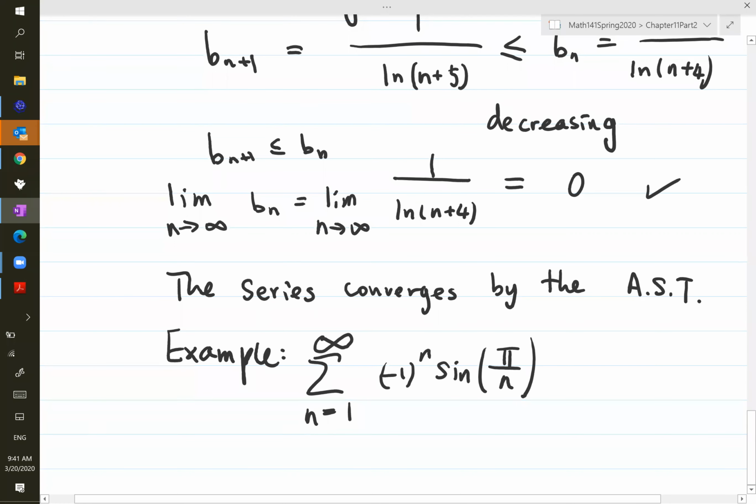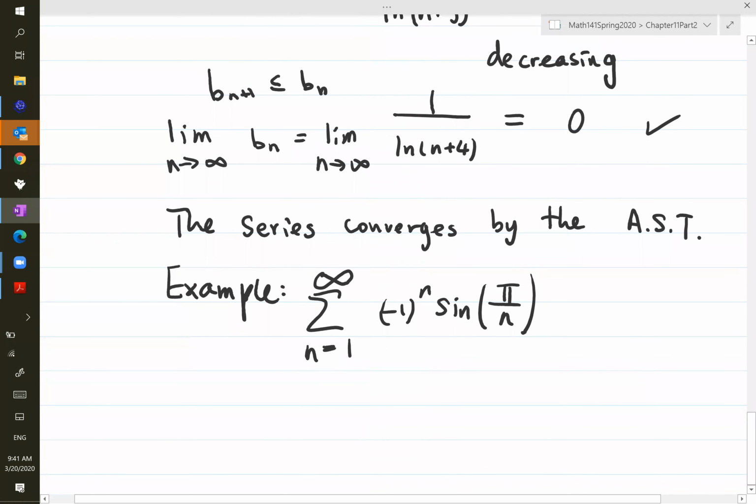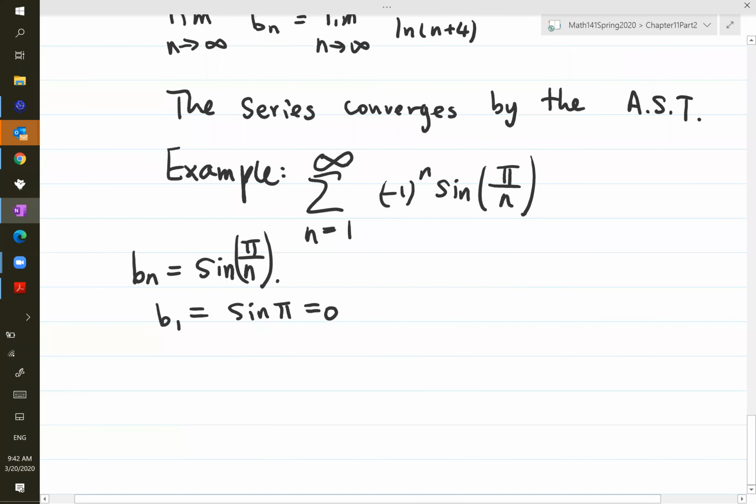Okay. Now here, this is also an alternating series. Let's see. Here the bn term is sine of pi over n. So b1 is sine pi, which is 0. Because the first term is 0, we can start from 2.